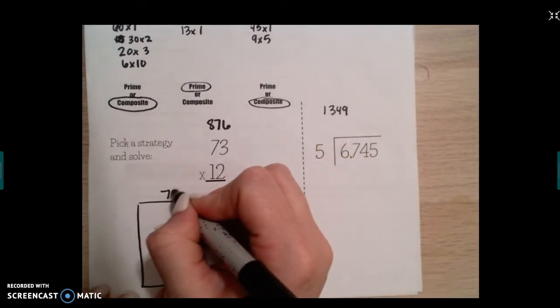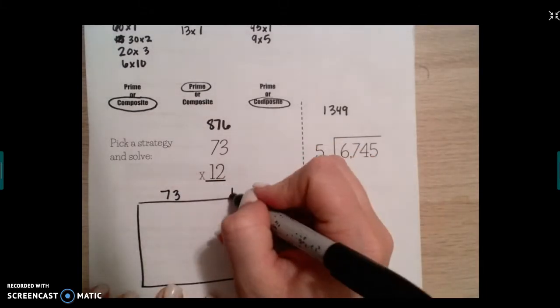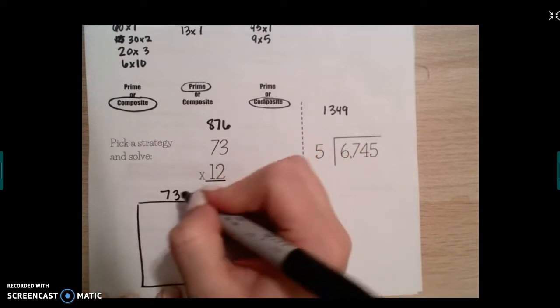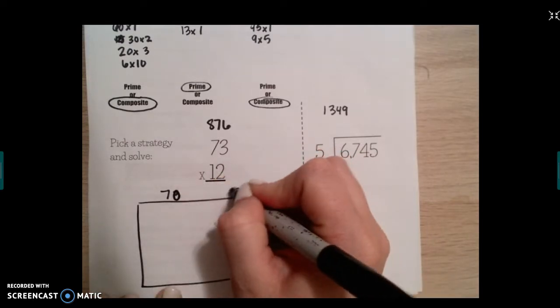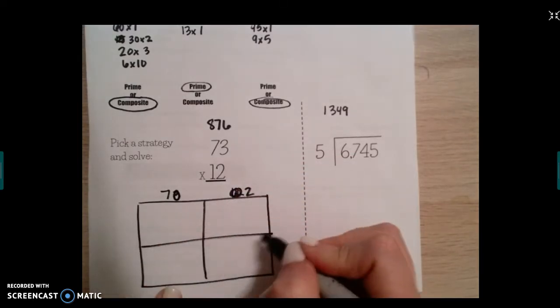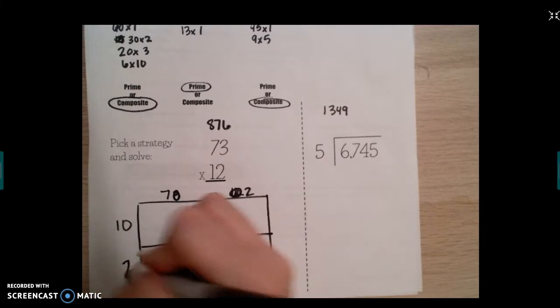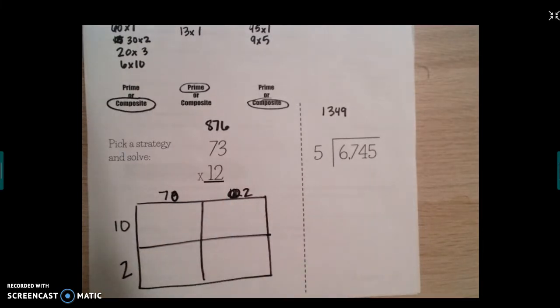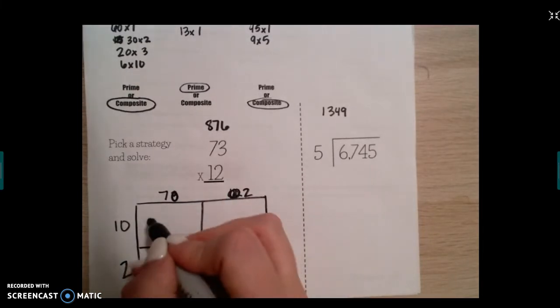So here, 70 and 2, 10 and 2. So here we would do 70 times 10.